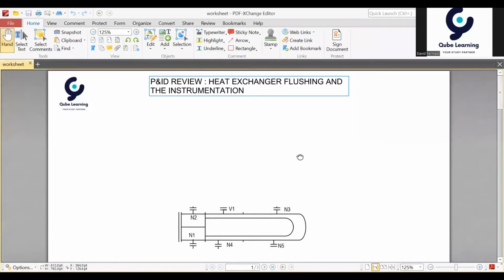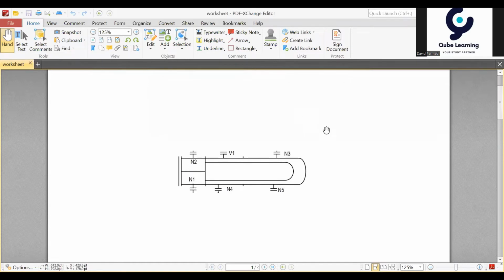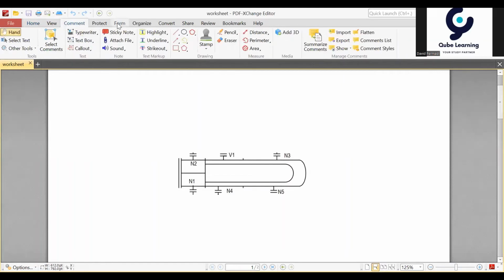This topic is the P&ID review for the heat exchanger, flushing, and the instrumentation. I'll provide you the sketch of the heat exchanger, shell and tube exchanger. As you can see, we have two sections here, one shell and one tube.